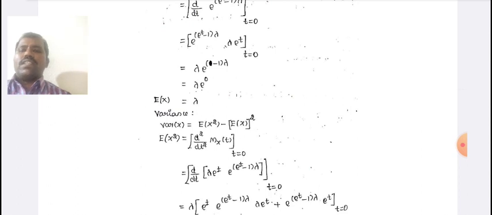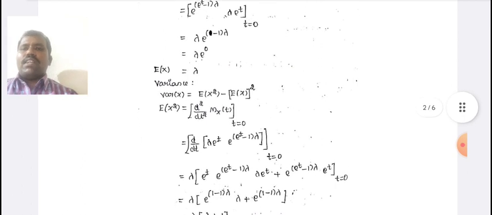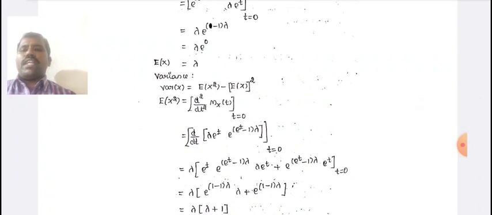Next, variance. Variance formula is E of x square minus (E of x) whole square. E of x square equal to d square by dt square of M_X of t at t equal to 0.